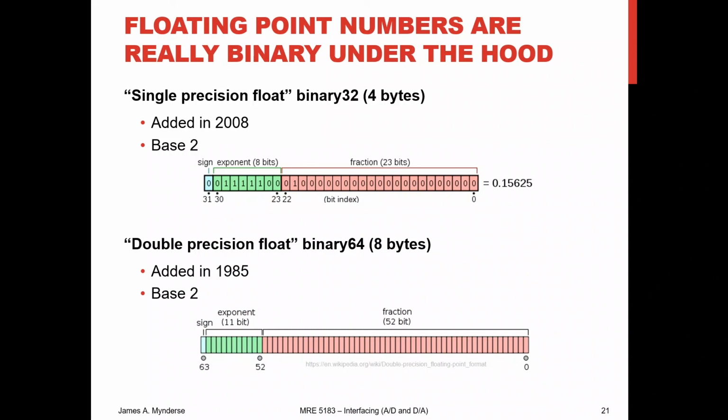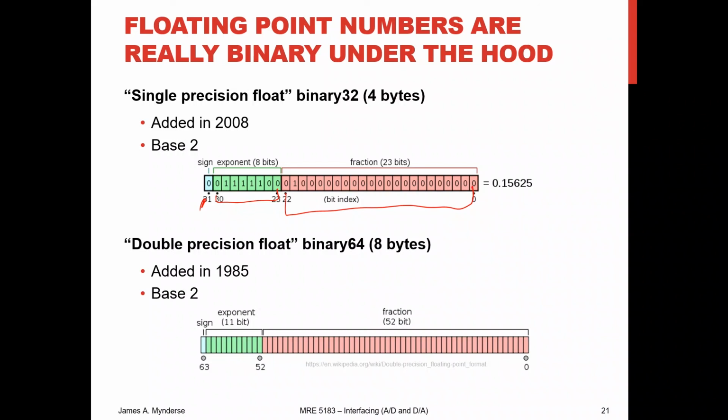So it looks something like this. We've got our 32-bit and 64-bit floating point numbers here, also known as singles and doubles. Doubles are the older ones, singles are the newer one. This is the base 2 version. So you can see that the base 2 version has a sign bit. It's got a chunk here associated with the exponent, and it's got a chunk here associated with the fraction, or the coefficient, as I called it.